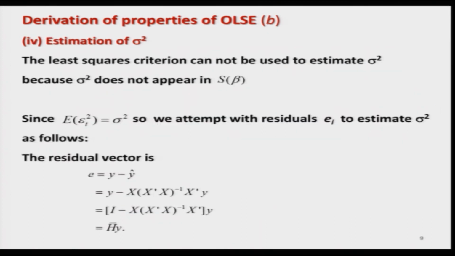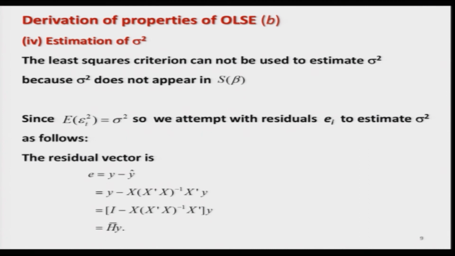Right. Now, after this we come to the question of how to estimate the variance sigma square. This estimation process is similar to the process we learnt in the case of the simple linear regression model. You remember that we started with an estimator by guess, and then we converted it into an unbiased estimator.